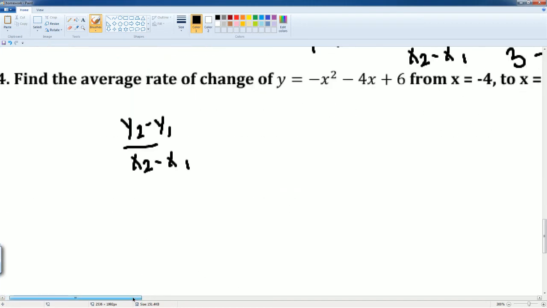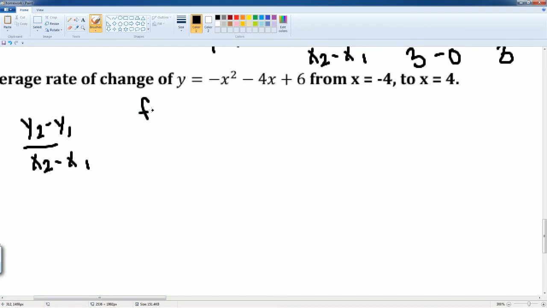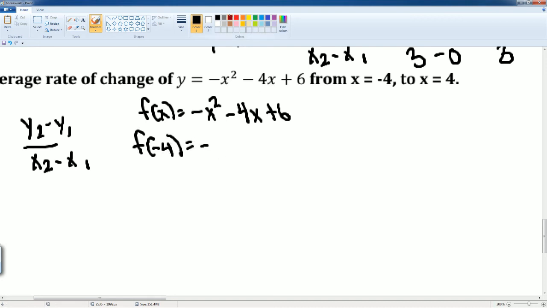Let me show you. Okay, so the function f(x) is equal to -x² minus 4x plus 6. So now you're going to substitute in, let's say, -4 for x. So notice it becomes negative. I'm just going to put a parentheses here. -(-4)² minus 4(-4) plus 6. All right. So this should get me -4 squared is 16, and there's a negative in front, so that's -16.